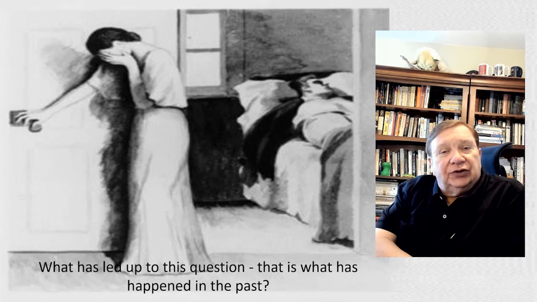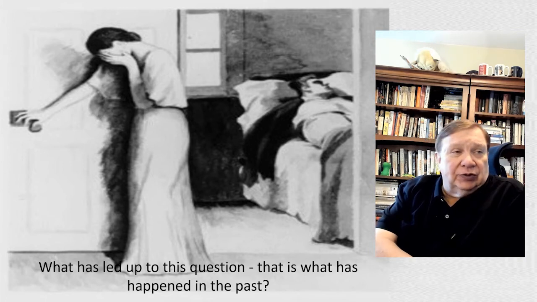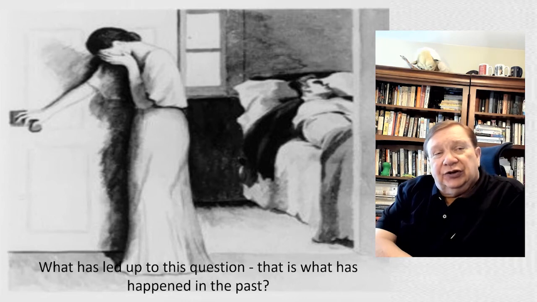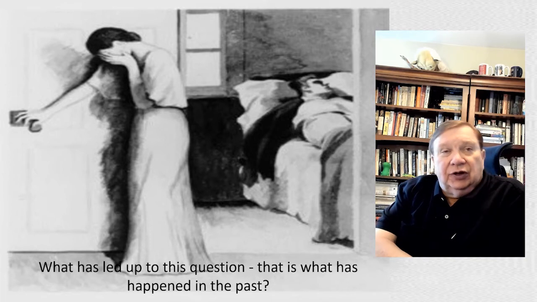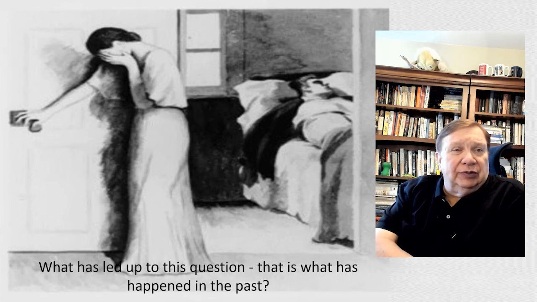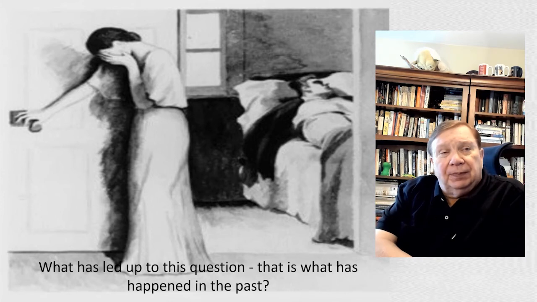Second point. What has led up to this? What has happened in the past? Well, you can imagine with the scenarios I gave you a second ago what the answers would be to this question. With the murder one, he's done something like cheated on her or done something so extreme that she's murdered him.